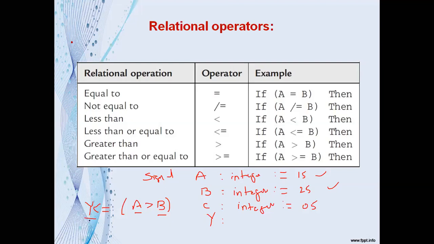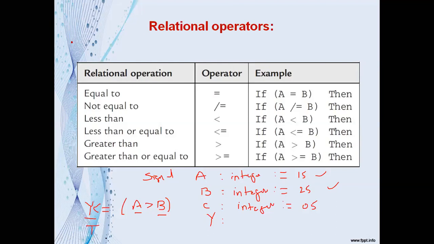So now what is the output that is assigned to the y? The output assigned to the y is now Boolean type. The result of the relational operators always is a Boolean type. Remember this. If the condition a greater than b is true, the y value is the Boolean value true.